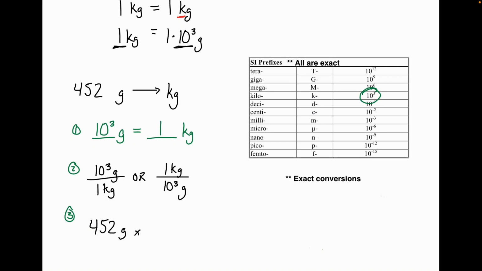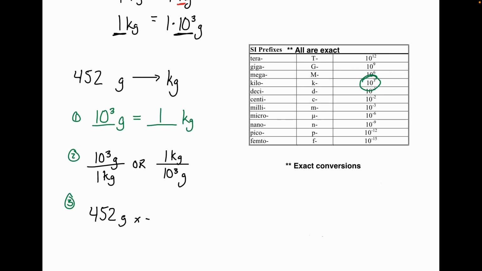I'm going to pick the one that cancels out my units of grams and leaves me with units of kilograms. That's the name of the game here, right? We're trying to jump from grams to kilograms. So which one of these conversion factors am I going to use? The one on the right, which would put grams on the bottom and kilograms on the top.